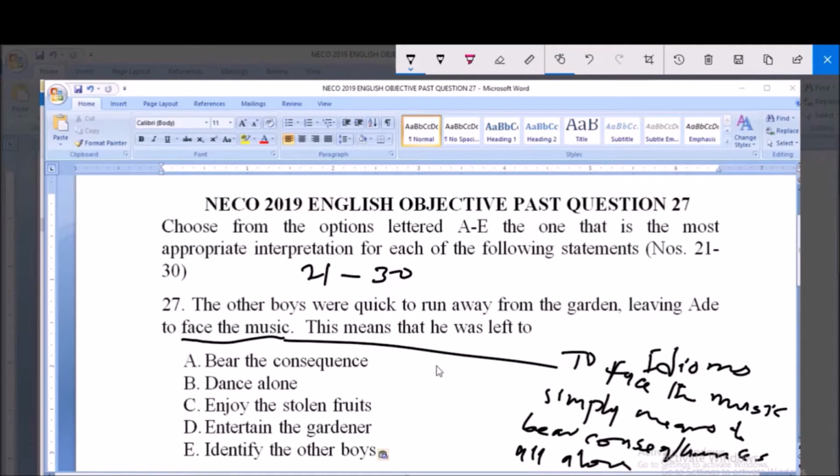So option A says bear the consequence, option B says dance alone, option C says enjoying the stolen fruits, D says entertain the gardener, option E says identify the other boys. So from the interpretation of face the music, we find out that option A is correct, bear the consequence alone. So option A is correct.